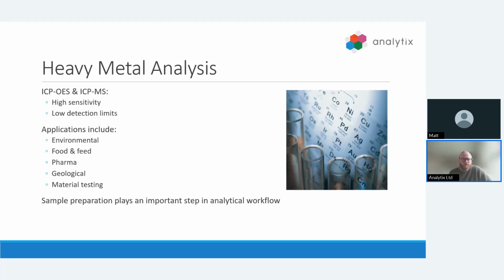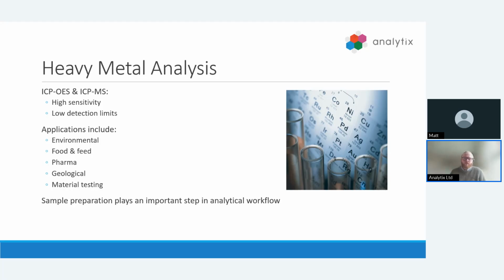So starting at the beginning, we have the heavy metal analysis, and analytical labs for many years have adopted advanced approaches to this type of analysis. This includes techniques such as inductively coupled plasma optical emission spectroscopy and inductively coupled plasma mass spectrometry, to name a few. This analytical approach provides labs with a route to determining what elements are in their sample at really high sensitivities and low detection limits.